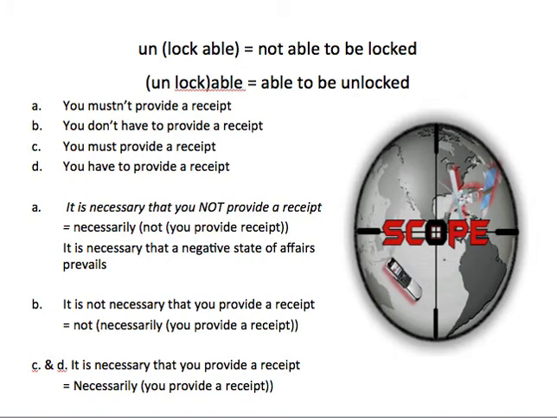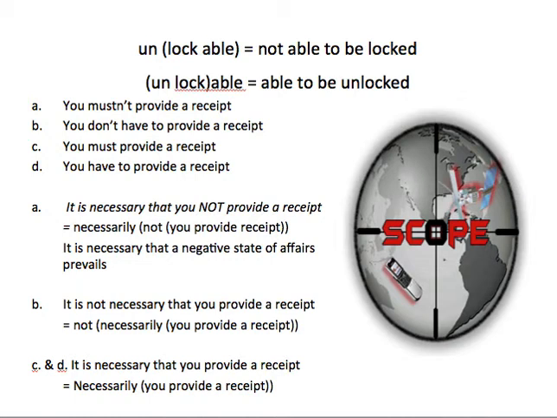Okay, we talked before about scope, and we looked at that in terms of the word unlockable, not able to be locked, and unlockable, able to be unlocked. And we can use scope to distinguish between must and have to.